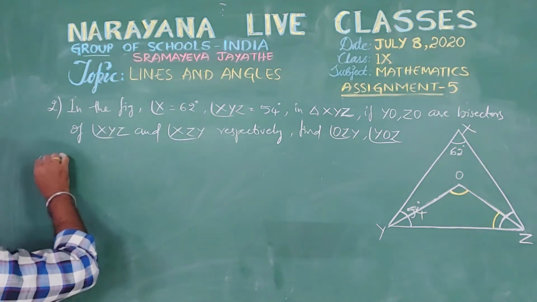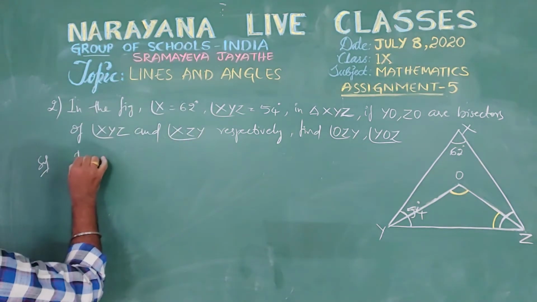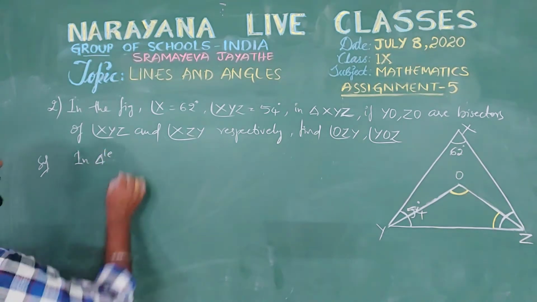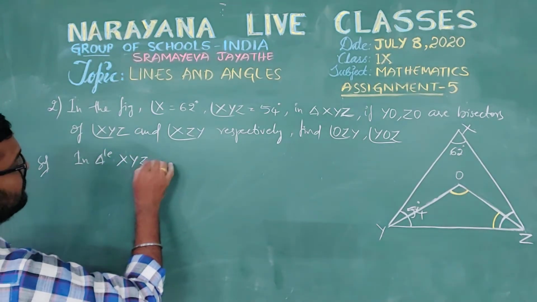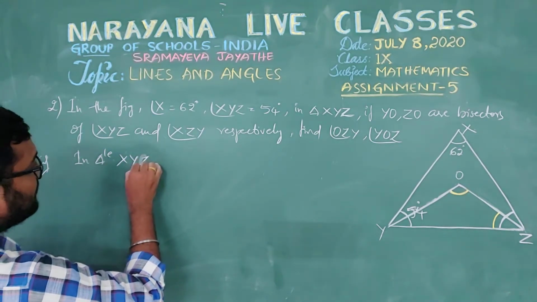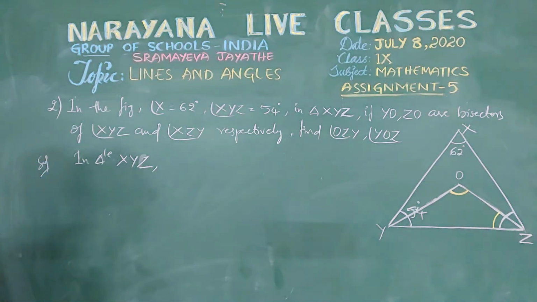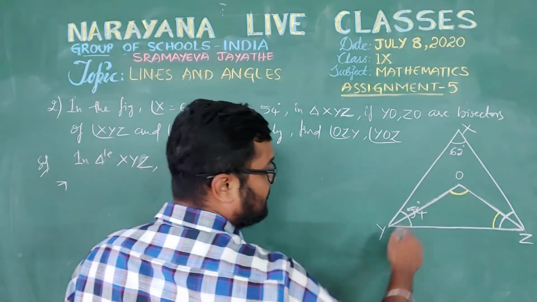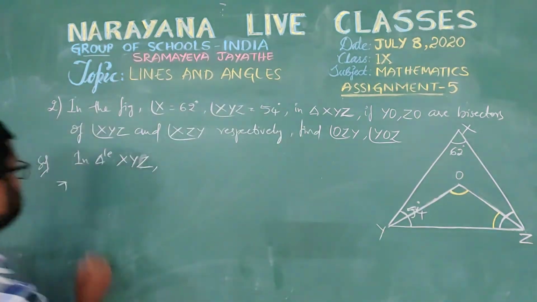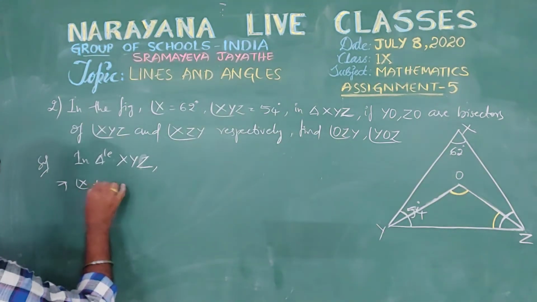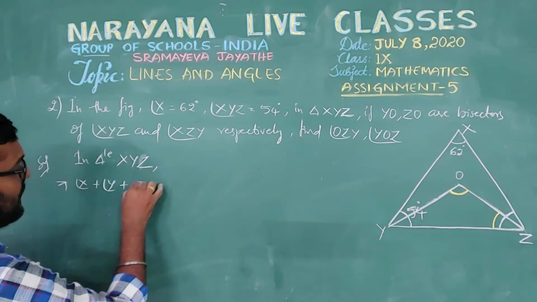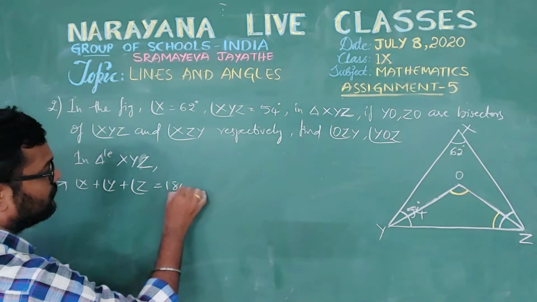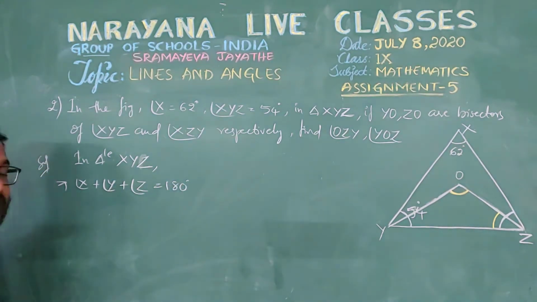Now let's find out. In triangle XYZ, what do we have? Angle X plus angle Y plus angle Z is equal to 180 degrees. Why?